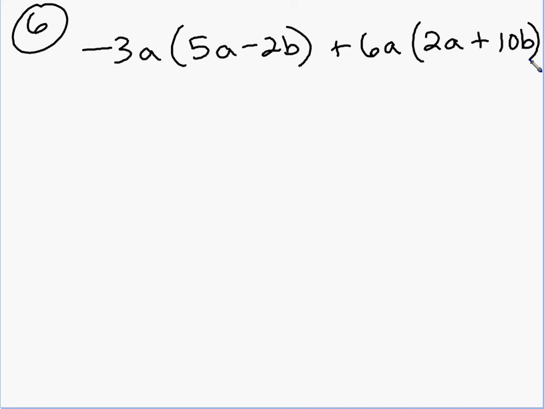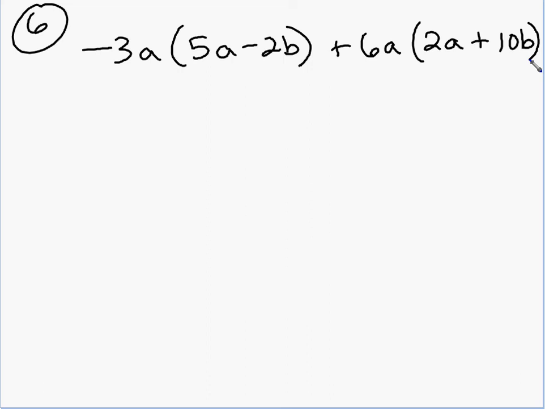Something like that. This will be our last problem. And there's not very many like this, but I did want to go over it because they do show up. All you have to do here is treat them as two separate problems and then combine like terms.